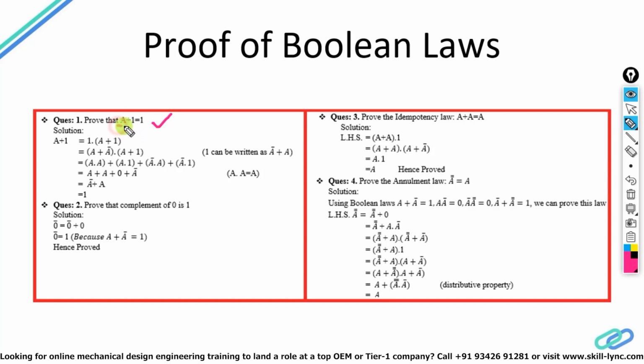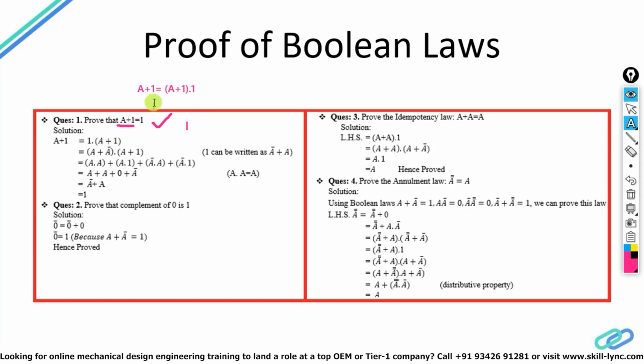I am starting with the left hand side, that is A plus 1. Anything A plus 1 can be written as A plus 1 into 1, because A plus 1 into 1 equals A plus 1 only.